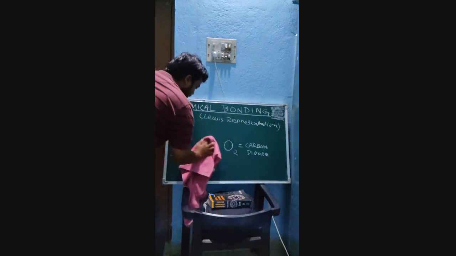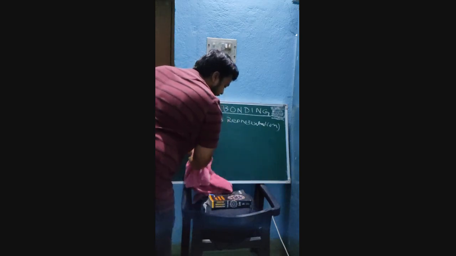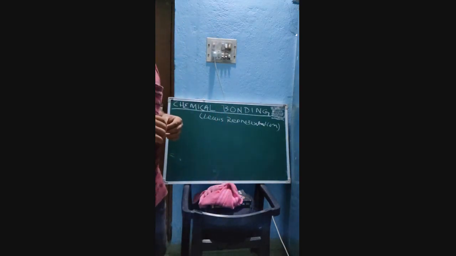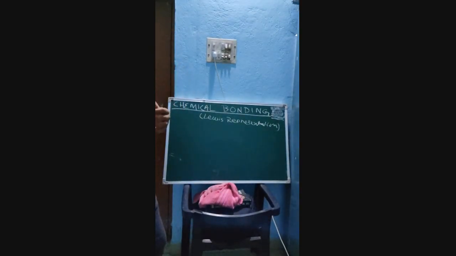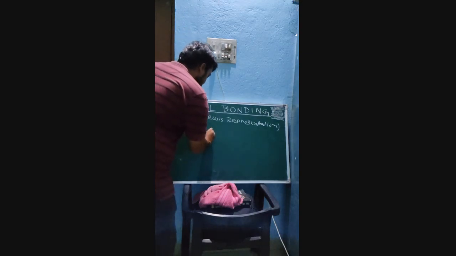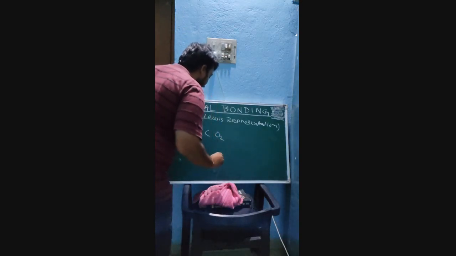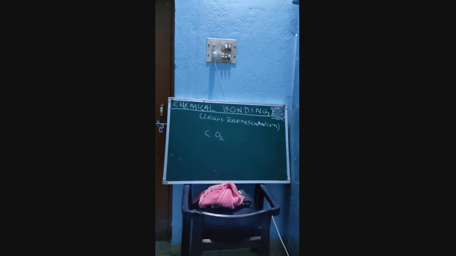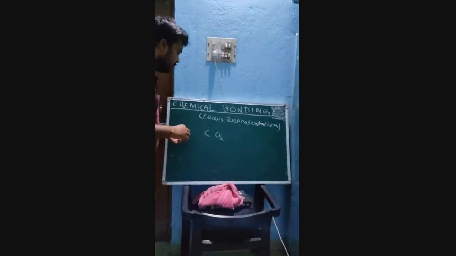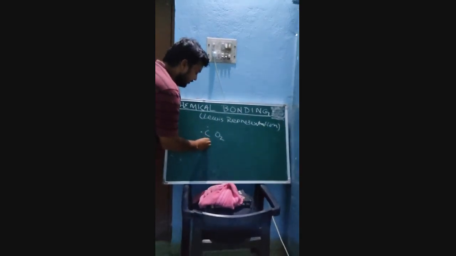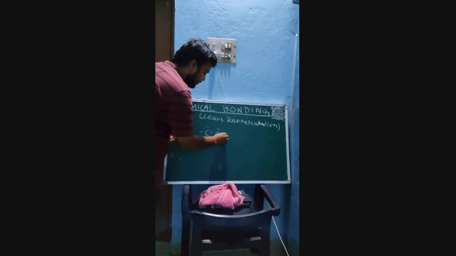So now the next step is to find out the central atom. So how to find the central atom? The central atom is the least electronegative atom in the molecule. So in CO2, the least electronegative atom will be carbon, because carbon has 4 valence electrons and oxygen has 6.